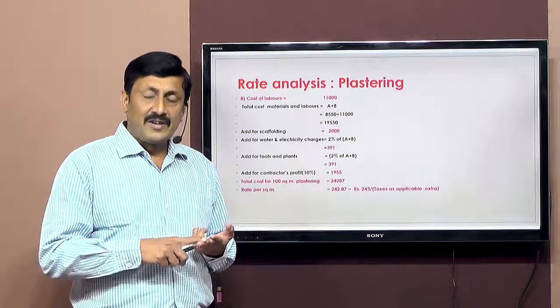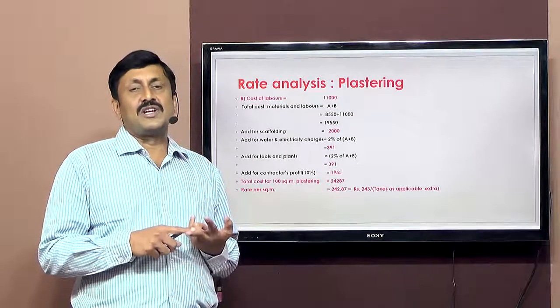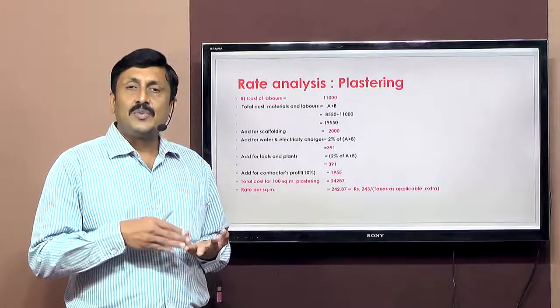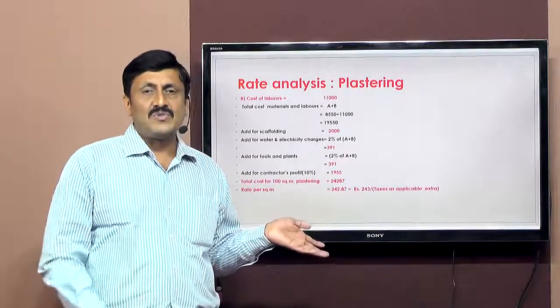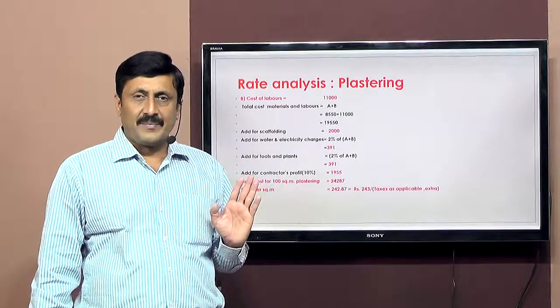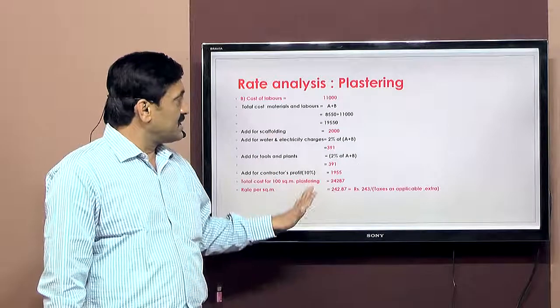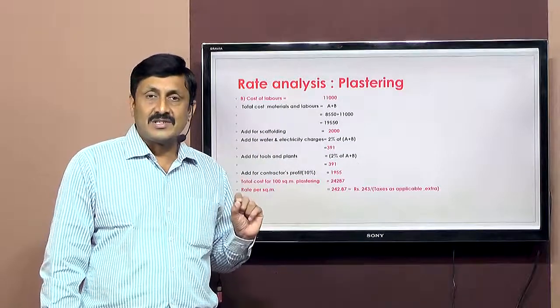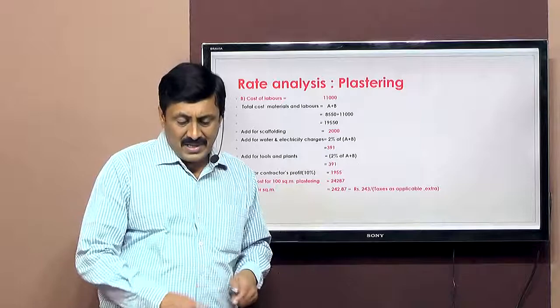Then we consider 2% for water and electricity charges, 2% for tools and machineries which are required for this work, and contractor's profit. Okay, so this is the way we derive the rate analysis for plastering.